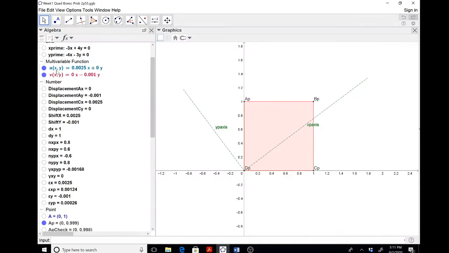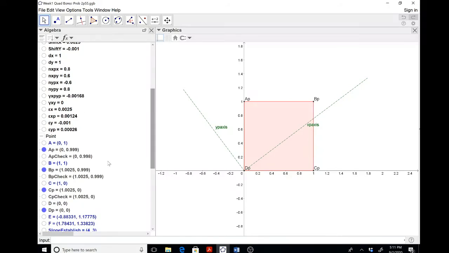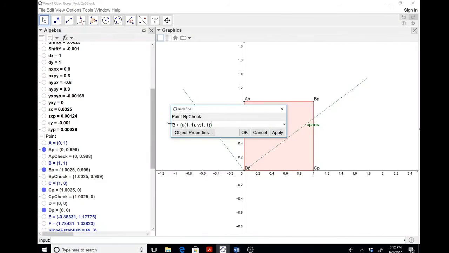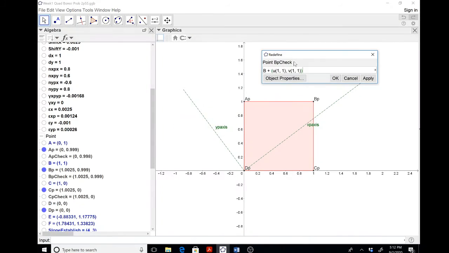You can check now. I could check, for instance, B prime. So what I did was a B prime check because I know what B prime is. It's the given displacement of B, but I can check it with my properties here. And look at this. This is pretty slick.